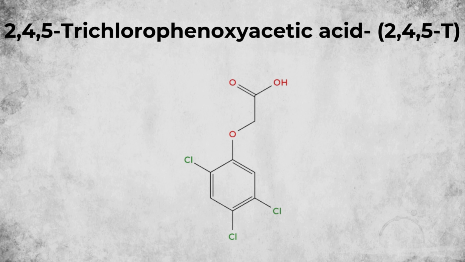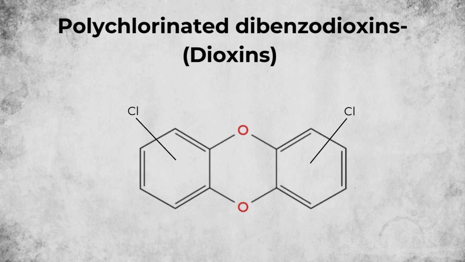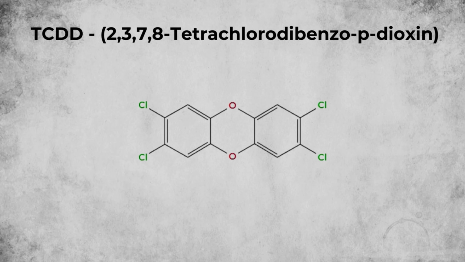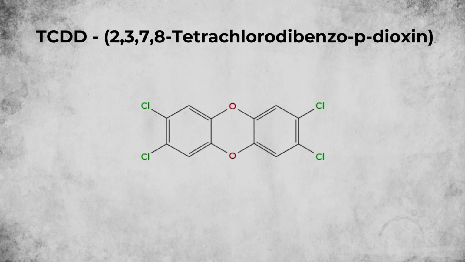When this reaction occurred at high temperatures, unintended side reactions resulted in the formation of dioxins, the most toxic of which was 2,3,7,8-tetrachlorodibenzo-p-dioxin, TCDD. TCDD is a highly stable compound with a molecular structure consisting of two benzodioxin rings connected by oxygen bridges, with 4 chlorine atoms positioned at the 2, 3, 7, and 8 positions.